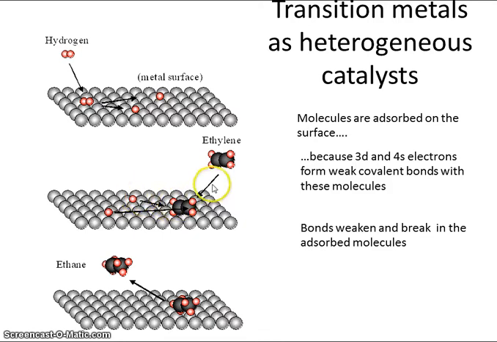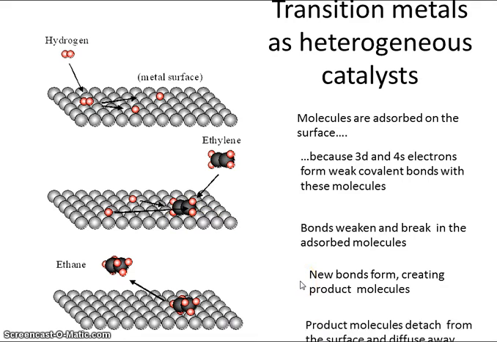In this particular case, this is a molecule of ethene, labelled as ethylene here, the old name for ethene, which has also become adsorbed onto the surface, and it combines with those two adsorbed hydrogen atoms to now become not C2H4 ethene, but C2H6 ethane. So the next step is that new bonds form, creating new product molecules.